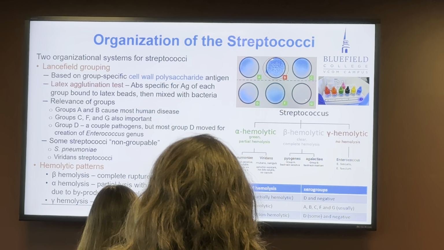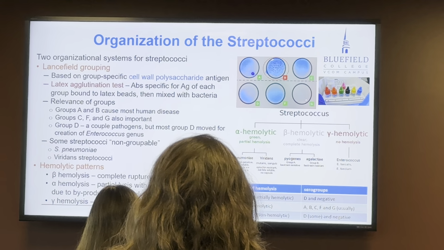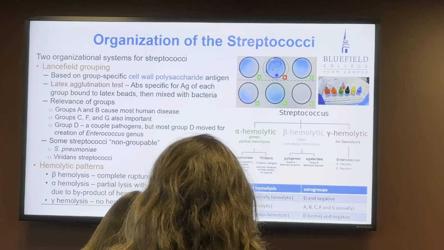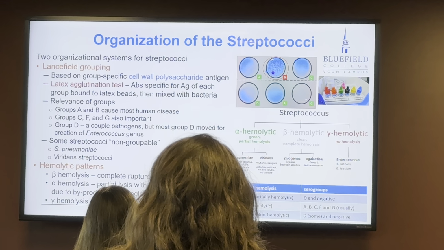You put some of the bacteria in your little dot. You put a drop of the antibody solution with the antibodies linked to those latex particles. And then if the antibody binds to the bacteria, you get that agglutination. Just like you do with your blood typing if you've got the anti-A, B, or O. Okay, just one second. And so that's how we determine which serotype it is.